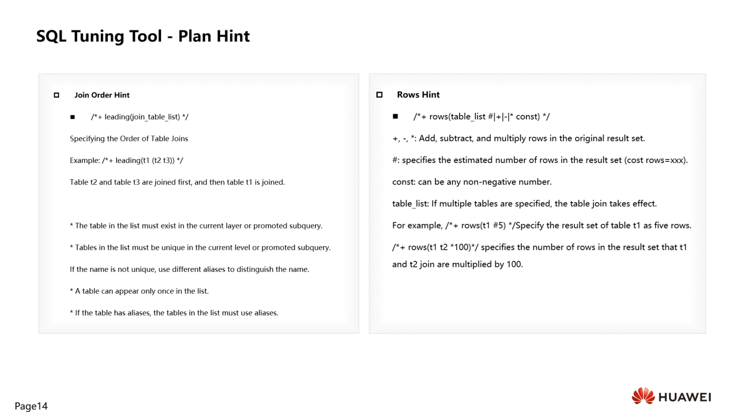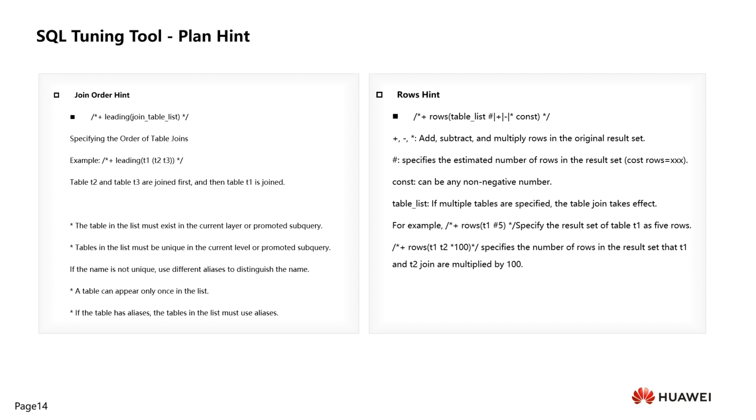And when we write the hints, there are a few tips that we should keep in mind. The first tip is that we need to make sure the table in the list must exist in the current layer or promoted subquery. In other words, if we specify the hint in the subquery, the hint would only affect the subquery, but not the overall query.